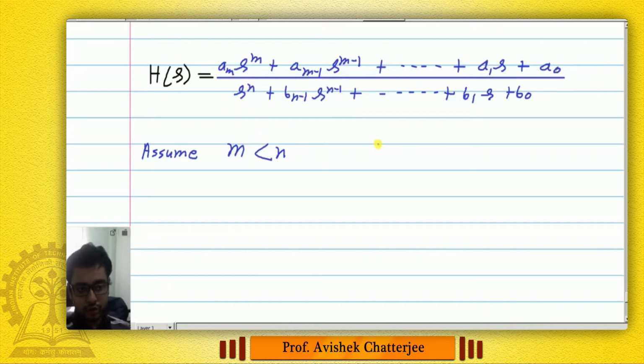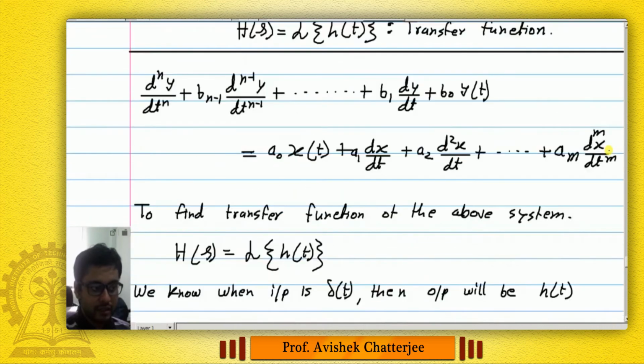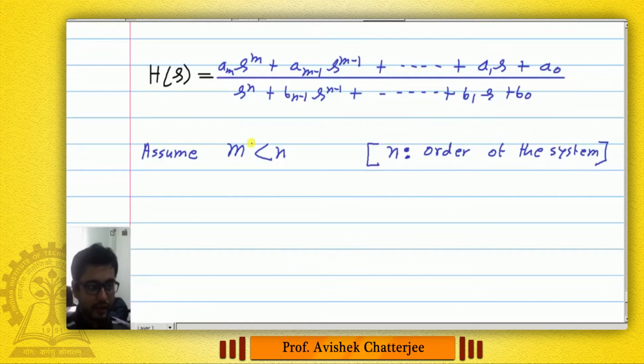Also note that this n is called the order of the system, because this n is actually the order of this differential equation. So m is less than n.